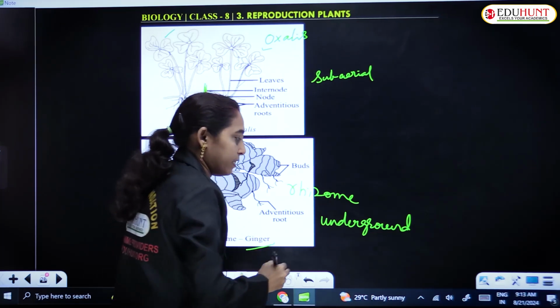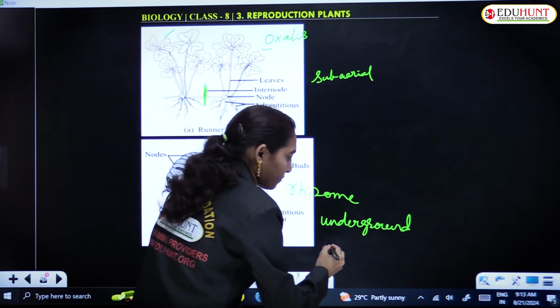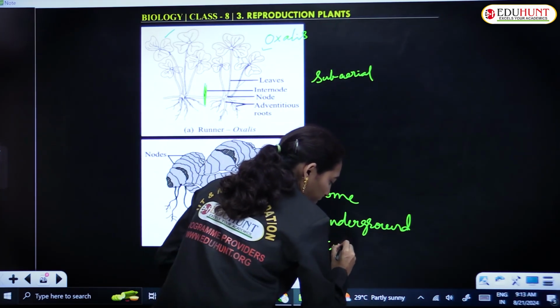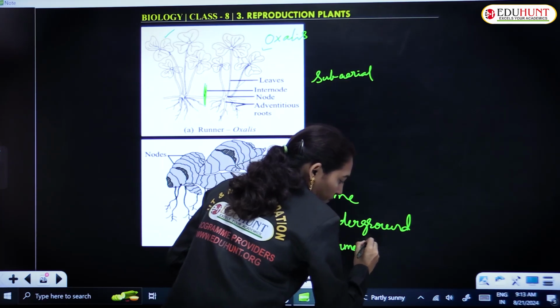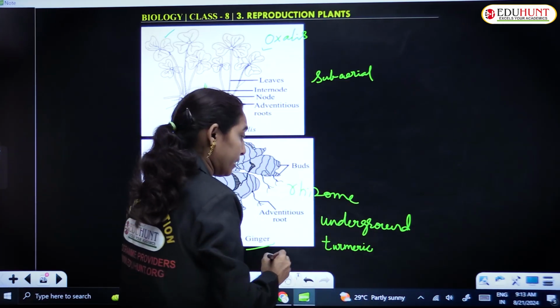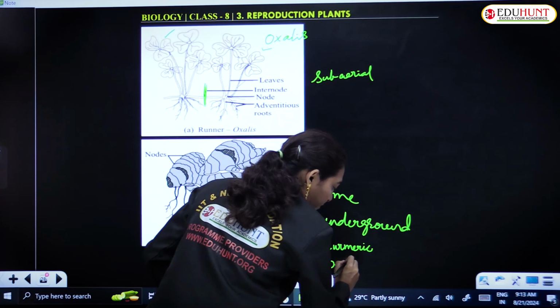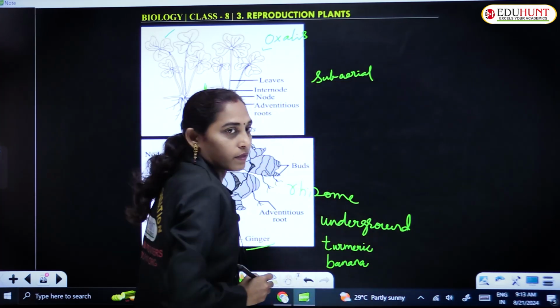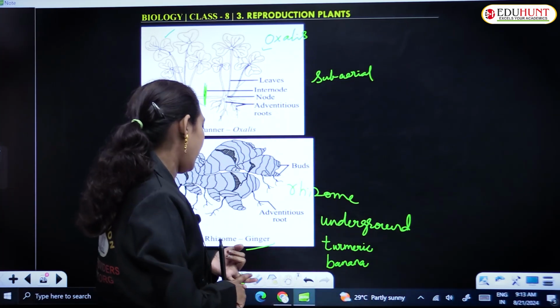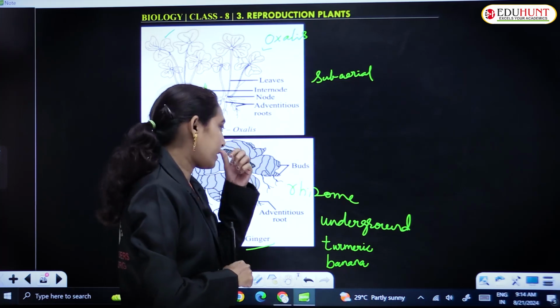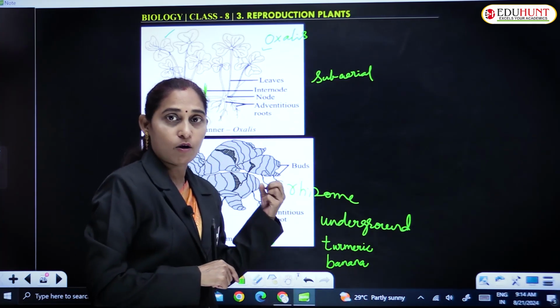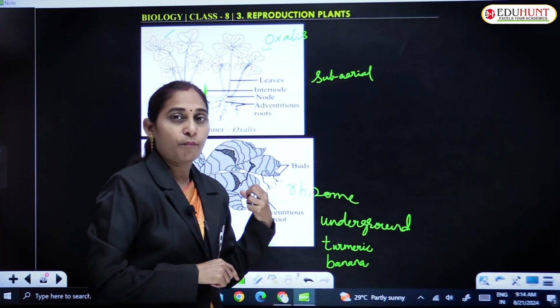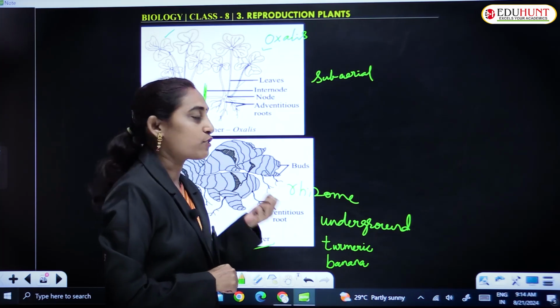One more example is Curcuma, that is turmeric also. Even turmeric, banana also, turmeric and ginger. All these are examples of underground stems which propagate through rhizomes.